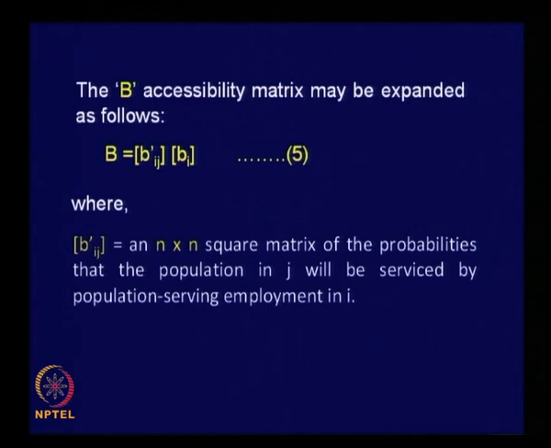Earlier we talked about distribution of population serving employment zone wise along with distribution of population or households. Now, as per this statement, population serving employment may be in some other zone, and it may still serve population in other zones. That is the reality. What are the service employments normally availed of by urban dwellers?